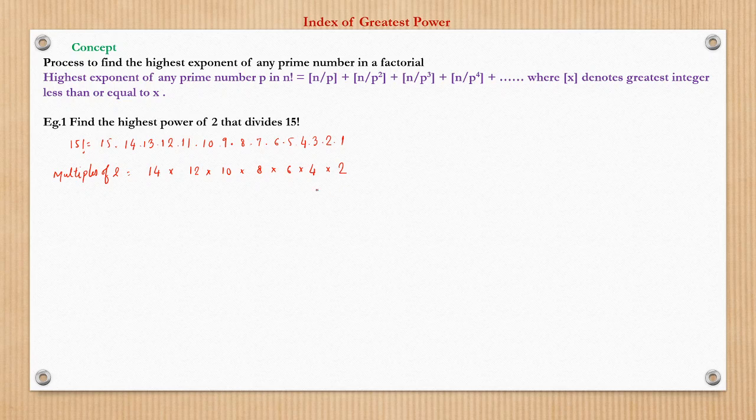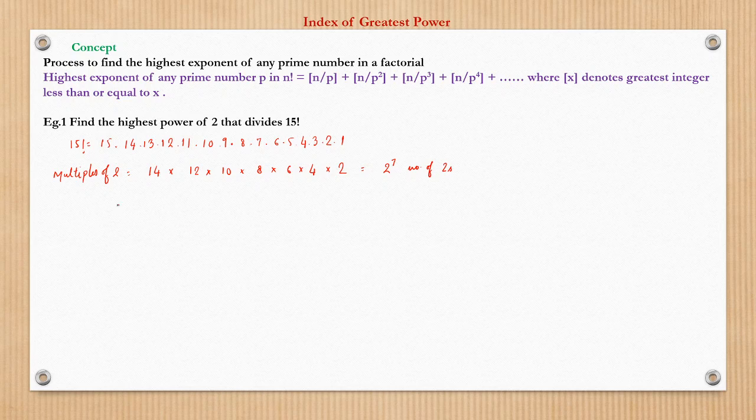These are the multiples of 2. There are 1, 2, 3, 4, 5, 6, 7 of them. So all these 7 numbers will give at least one 2. So how many 2's can we get? At least 2 raised to power 7.